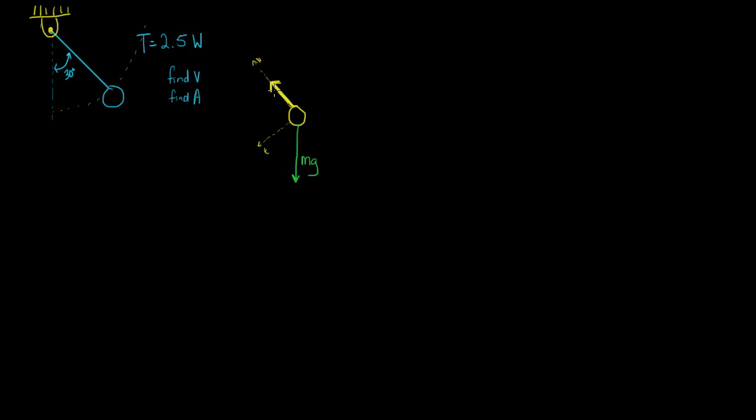And we know that this right here is 30 degrees. We can extend this normal line a little further. We know this weight acts straight down, so this right here is also 30 degrees.